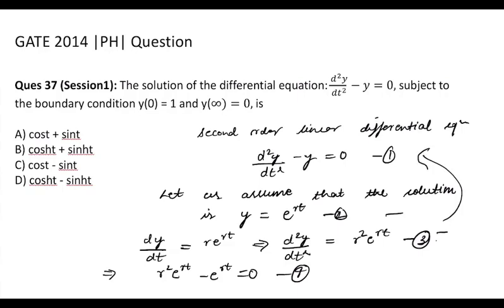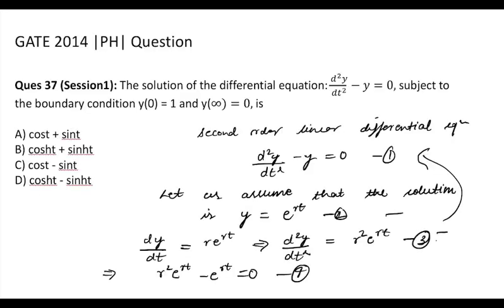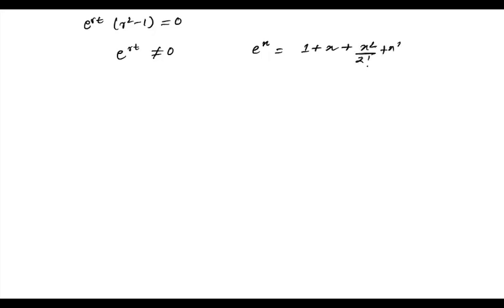Now we can take exponential rt common, and we'll be left with r square minus 1 is equal to 0. We know by the property that exponential of rt cannot be equal to 0, since the exponential is 1 plus x plus x square by 2 factorial plus x cube by 3 factorial, and so on.